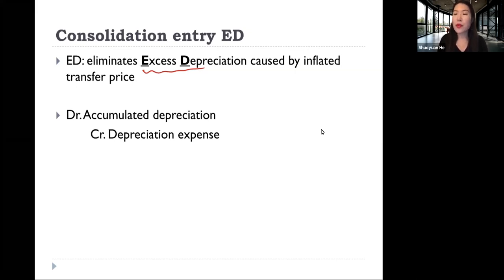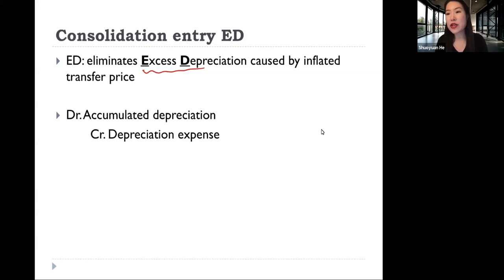So we need to credit that depreciation expense back, because when we record depreciation expense, it is on the debit side. In order to lower the depreciation expense, we need to credit it back. The assumption here is the transfer makes the depreciable asset appreciate in value.